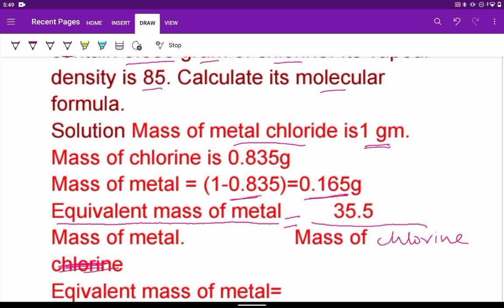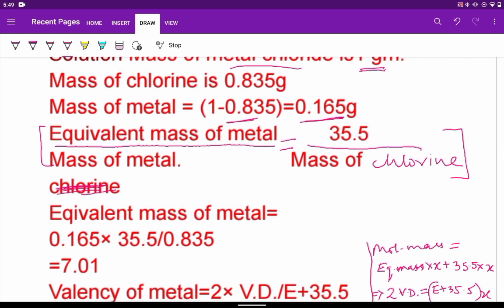So equivalent mass of metal, this is very important. Equivalent mass of metal divided by mass of metal will be equal to 35.5 by mass of chlorine. Now from here, mass of the metal is 0.165, so here we will write 0.165. Mass of chlorine is 0.835, so in this place we write 0.835, and we get this equation.